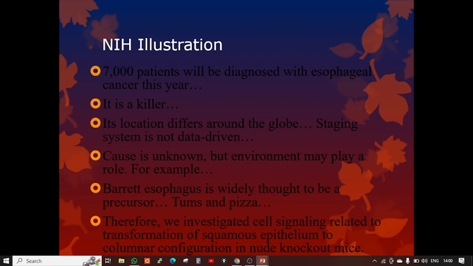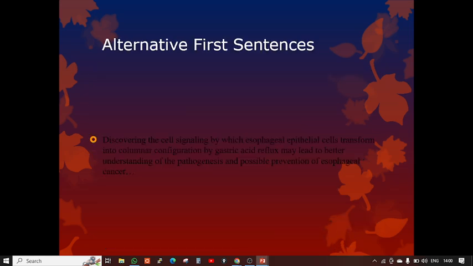So this is some illustration, some examples given. We are not going into details. So the alternative first sentence: the first sentence of the introduction section is where you can give some information which is very good. For example, if you are writing a story, have you ever read a story before?